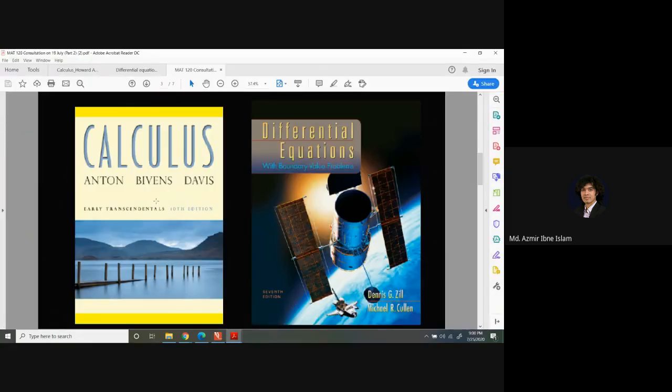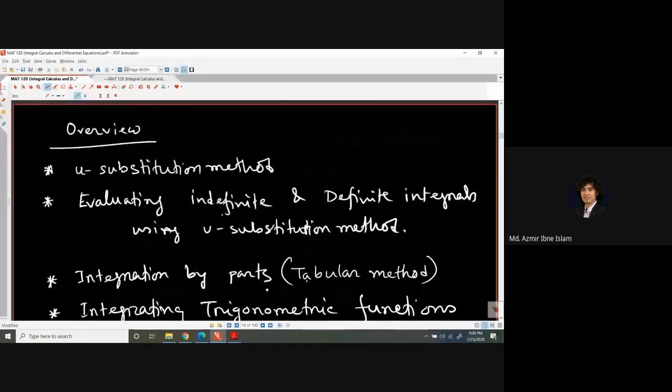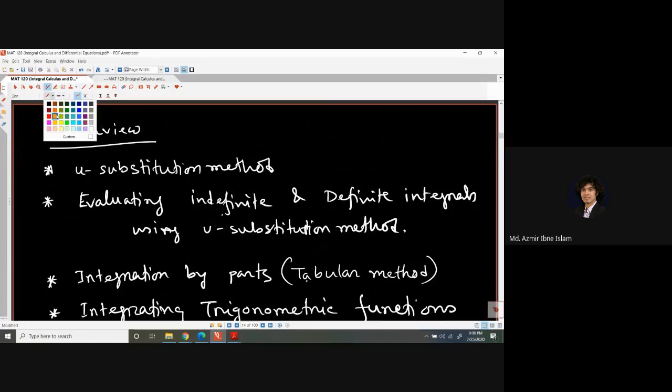So for you I have the suggestion for these two books, that is Calculus written by Anton, Bivens and Davis, and for differential equations you can follow this one. Whatever contents I have written here, you will find in Howard Anton's book. The u-substitution method you will find in section 5.3. Let me show you.